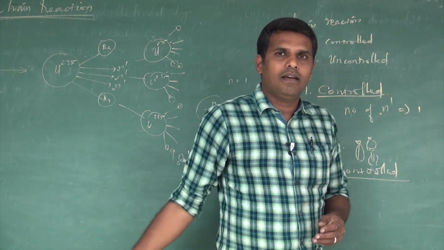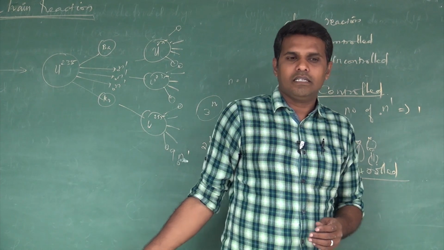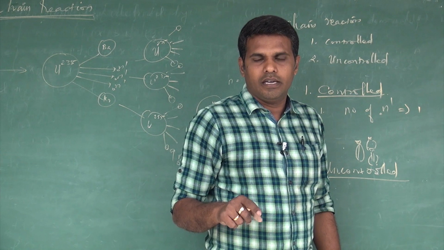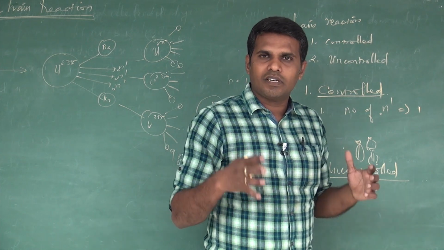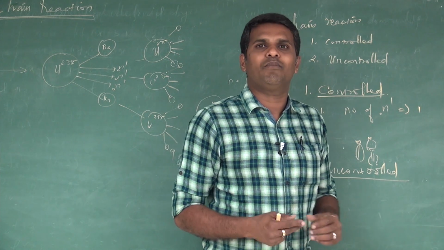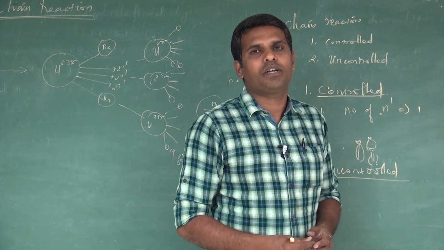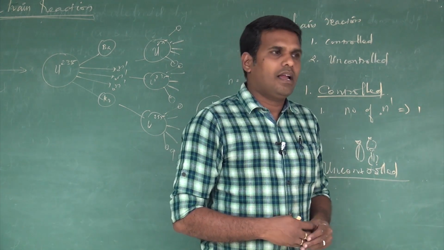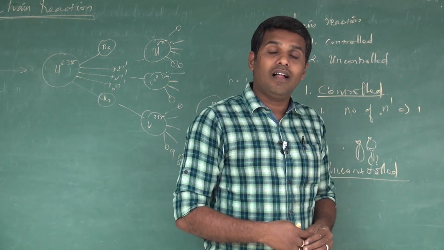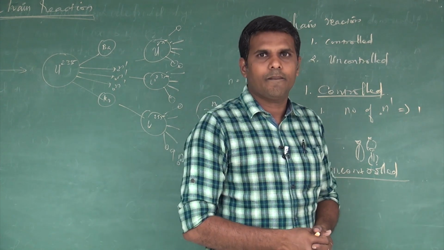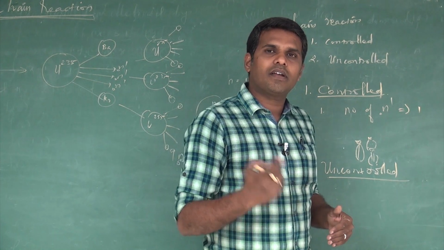You might have learnt in the previous session that in each fission reaction 200 million electron volt energy is produced. If multiple fission reactions are carried out in a fraction of a second, just imagine the amount of energy that is released during the uncontrolled fission chain reaction. In an uncontrolled fission chain reaction, all the available neutrons are allowed to carry out further fission, so the reaction continues further and further.